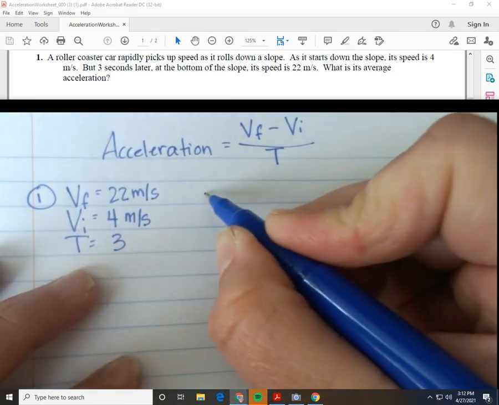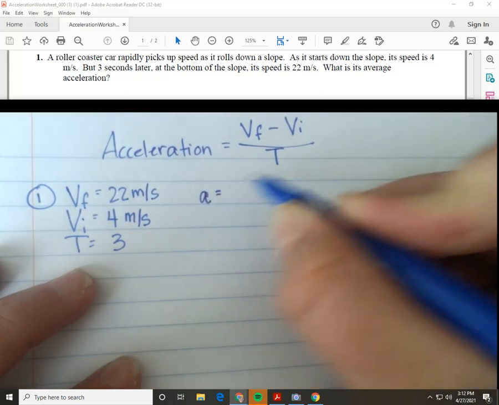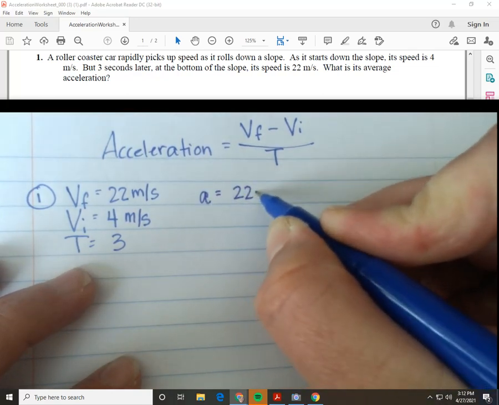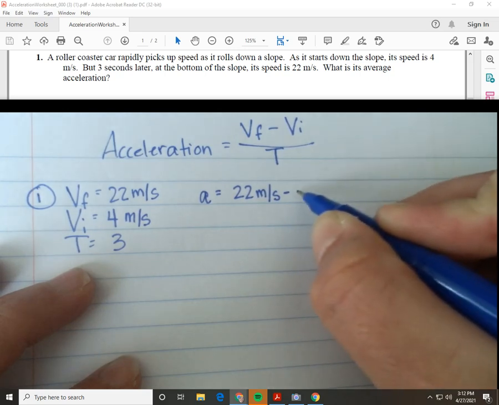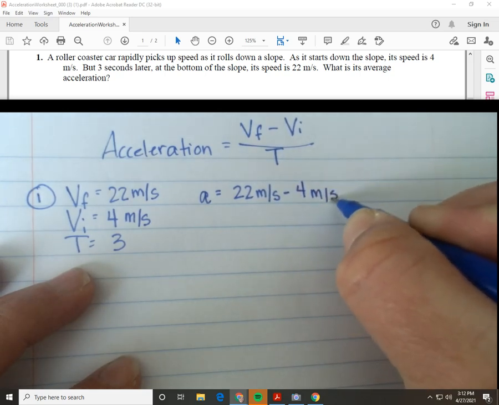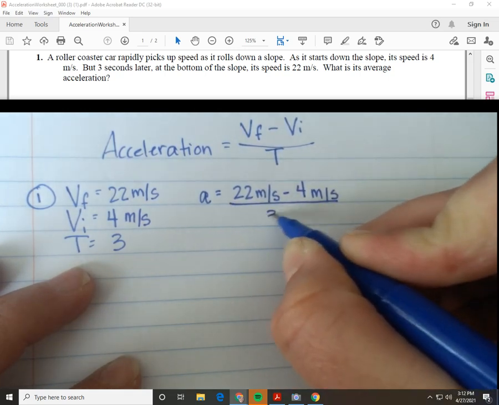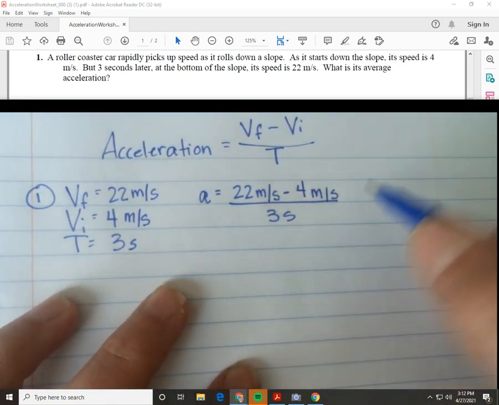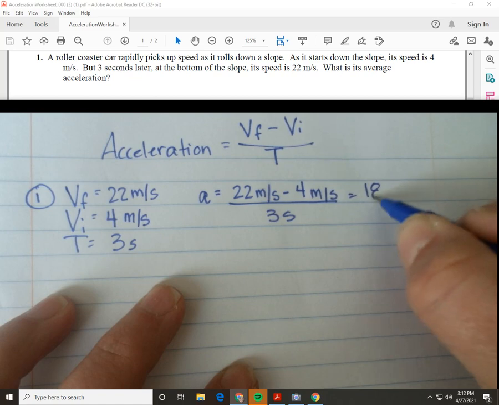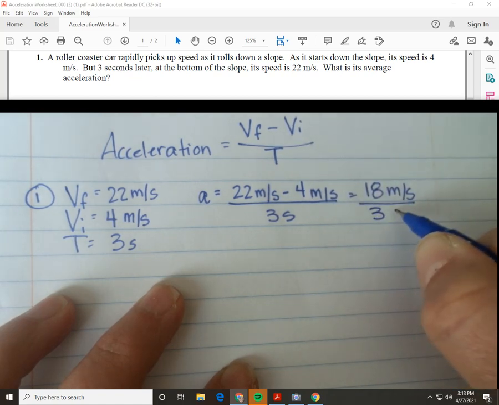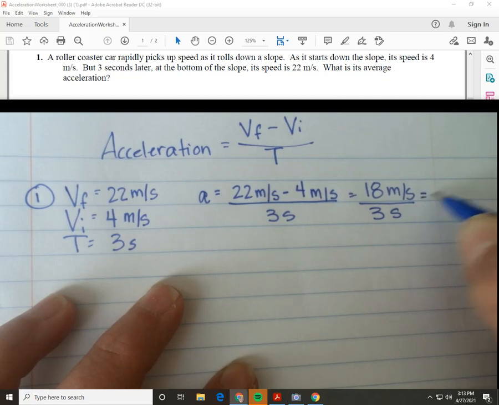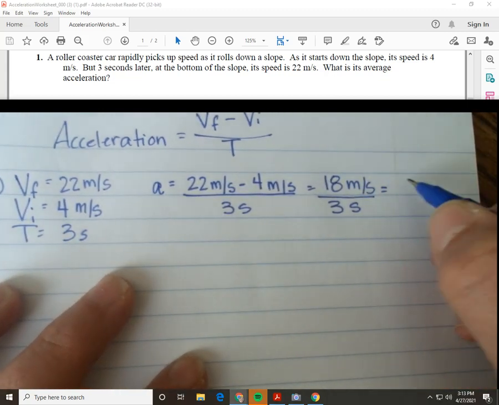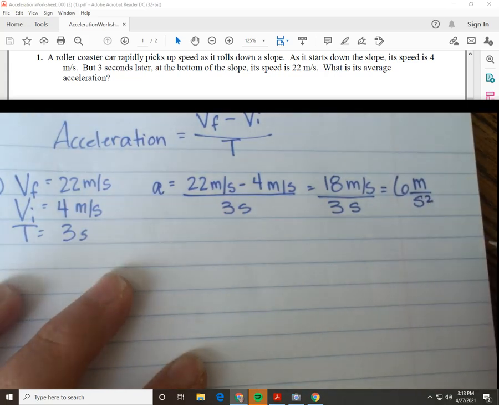So then we're just going to plug in the numbers. 22 meters per second minus 4 meters per second over 3 seconds. So let's put our units on our time. So 22 minus 4 is 18 meters per second over 3 seconds. So 18 divided by 3 is 6 meters per second.